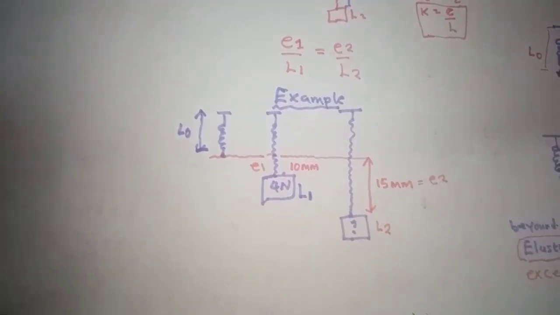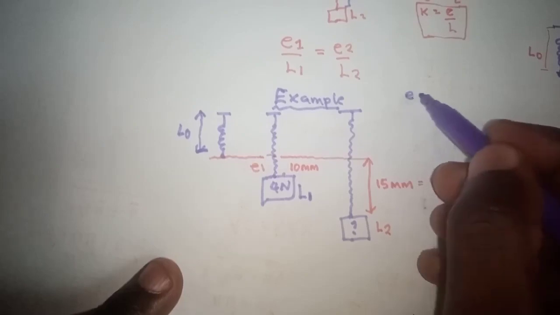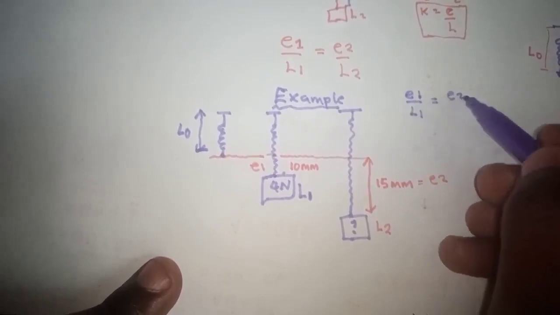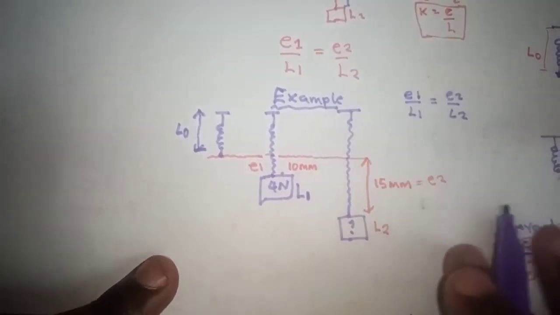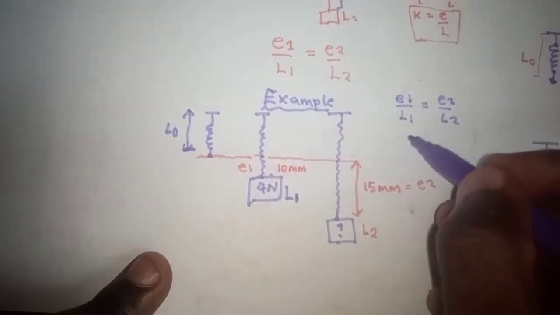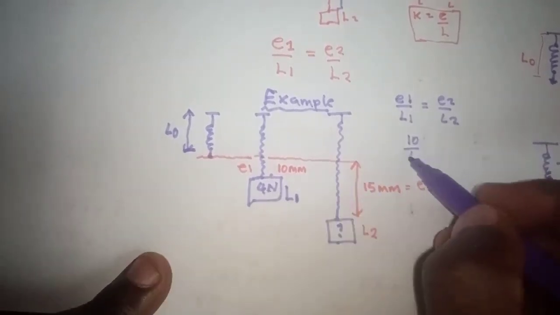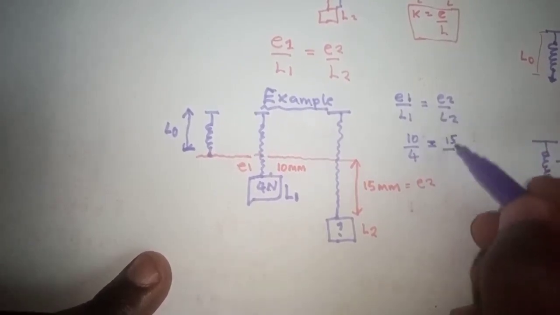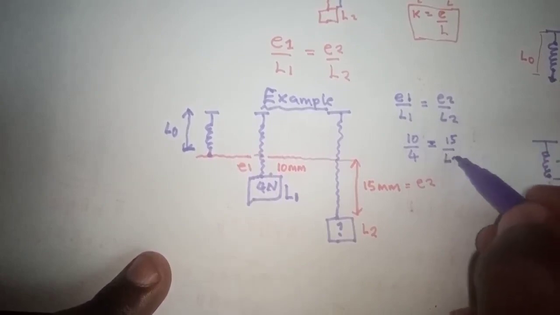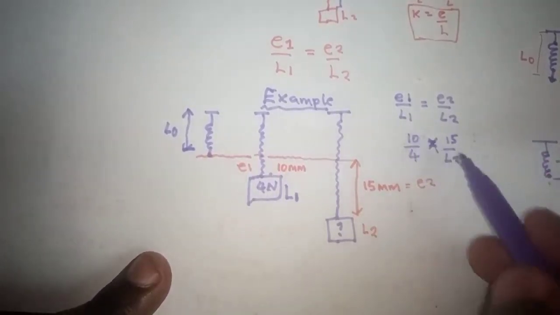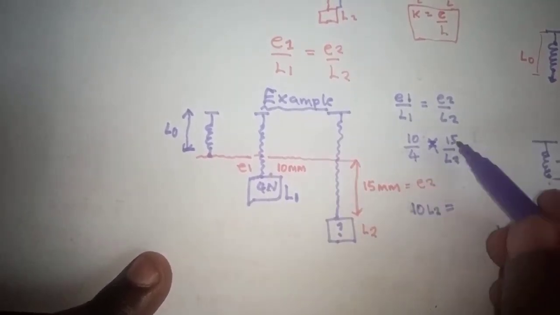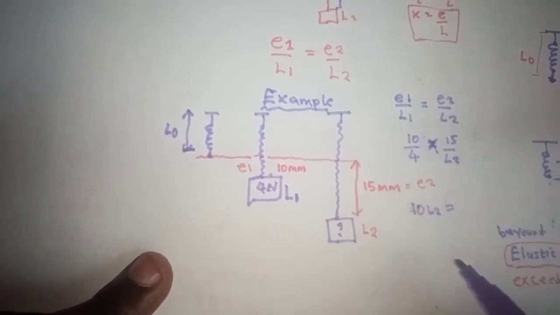So we can calculate this missing load by using the formula we said: extension 1 over load 1 is equal to extension 2 over load 2, okay. So extension 1, that is 10, over load 1, that is 4, is equal to extension 2, that is 15, over load 2. We cross multiply: 10 times L2 is equal to 4 times 15, okay.